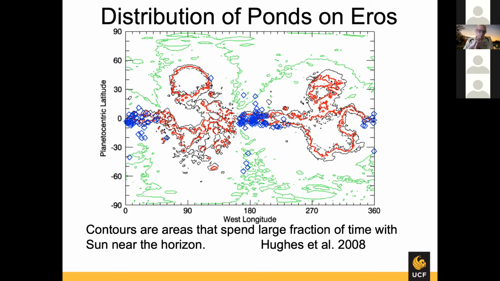And you can see that those diamonds are very strongly correlated with the red areas and with low latitudes and a longitude of 0 and 180, which are the areas where the gravitational field on Eros is the smallest. So the other red areas that you see are at a higher gravitational field, a factor of 2, but maybe it's enough to make a difference.